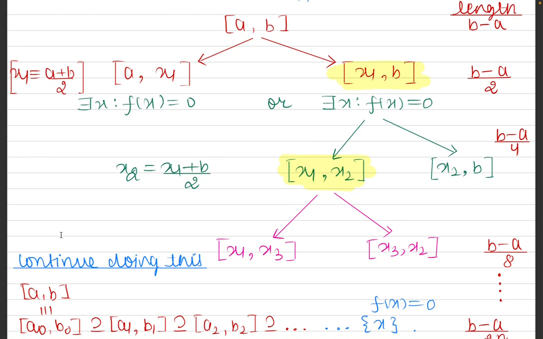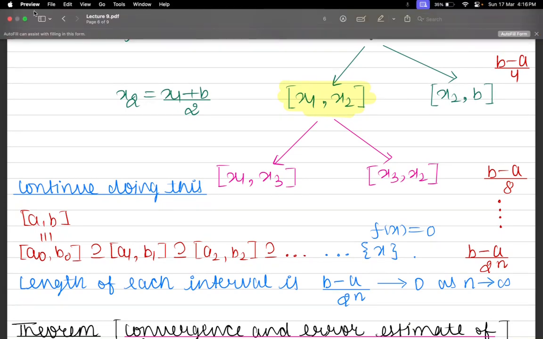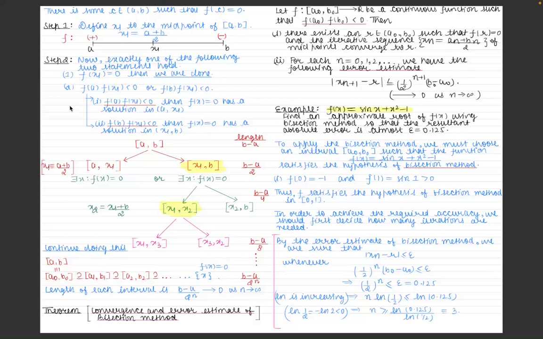So what do we have? If this length is 1 at this stage, what is the length of the interval at this stage? b minus a, sorry. And here both the intervals have length b minus a by 2 because x1 was the midpoint, right? x1 was the midpoint.